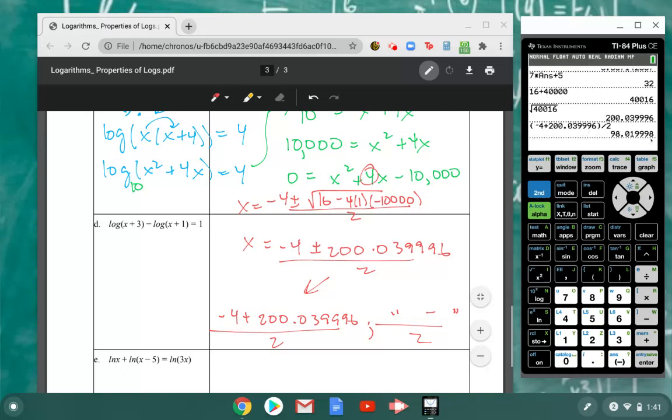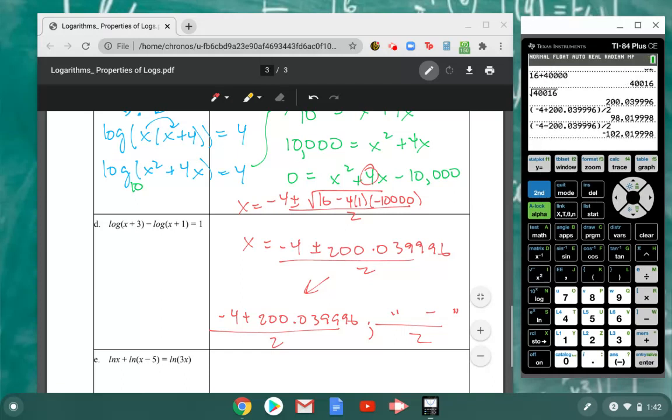I want to use this same input, but I want to subtract instead. So you can either arrow up to grab that one and then hit enter. If your calculator doesn't do that, you can do second entry. So I'm going to do second and then enter key. And that brings up that last calculation. I want to just change this plus to a minus. And this gives me the other answer.